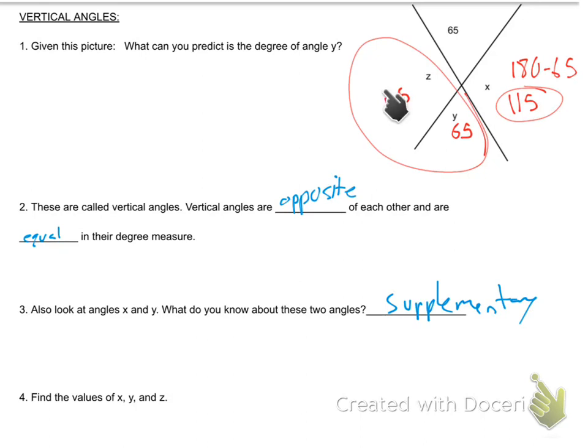Could I not do the same thing with z and 65 that's already told to me? Or 65 and x? They all work. Now, bonus question. What does x plus y plus z plus 65 equal? 360, because I went on a full circle. I went all the way around.